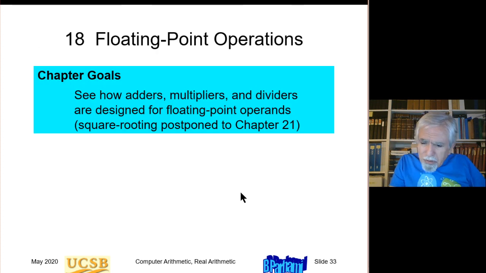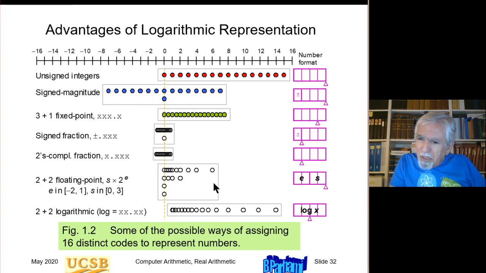Among those, we talked about logarithmic representation, in which we use, in this toy example, 2 whole bits and 2 fractional bits. And this is unsigned. I'm not bothering with sign in this particular format.